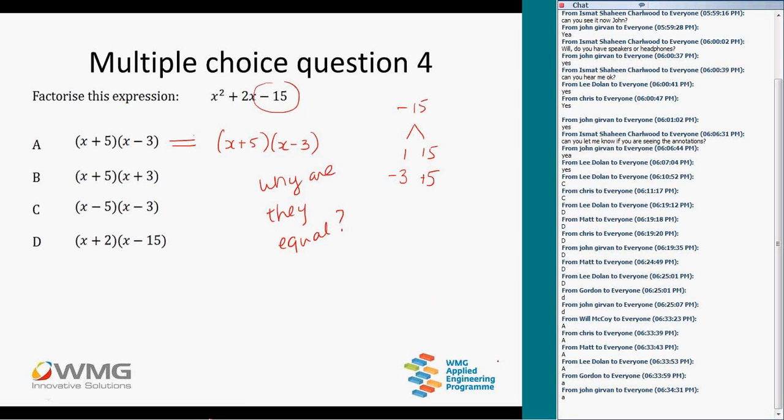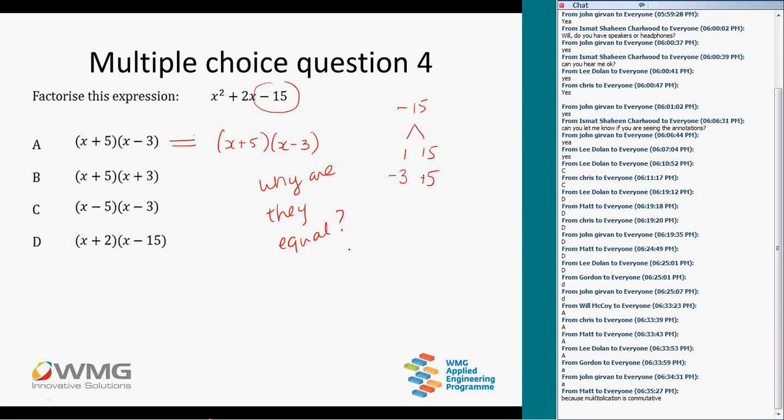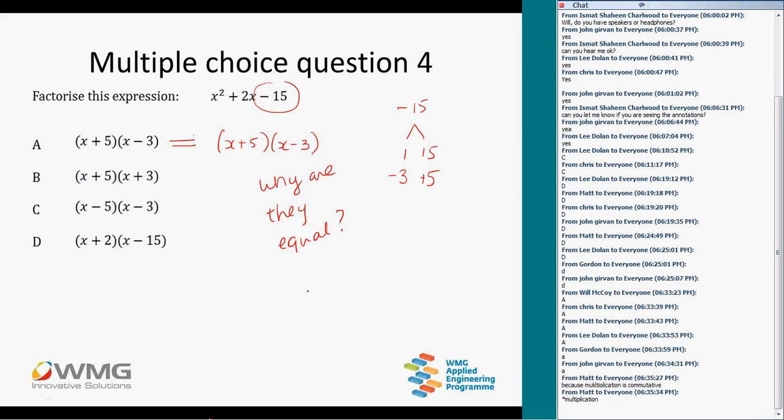I was just going to say it's a product, and the order that you multiply things in doesn't matter, but Matt has corrected me there and told me that multiplication is commutative. Thank you. So it's just like having two numbers: 2 times 3 is the same as 3 times 2. It doesn't matter which order you multiply these in.